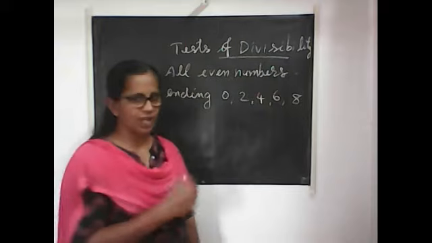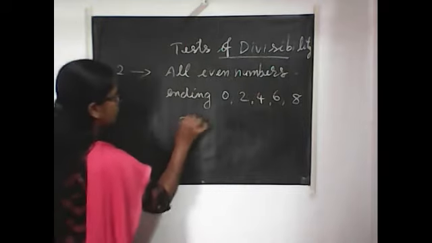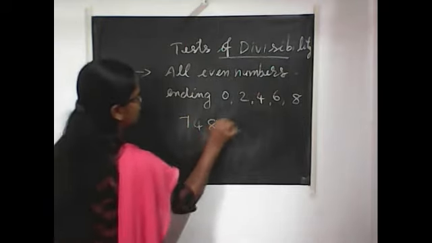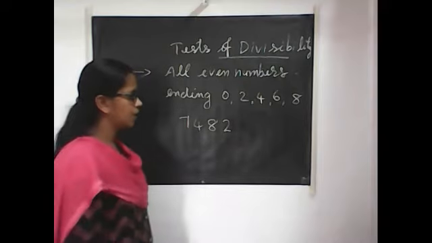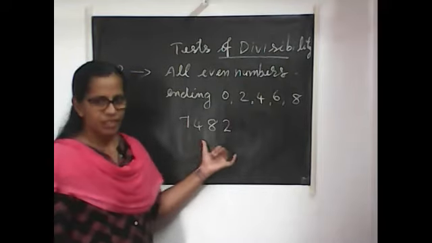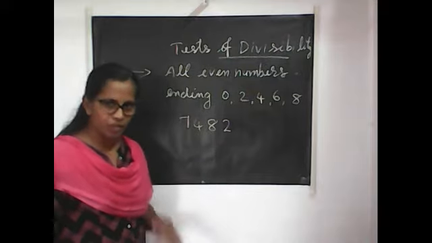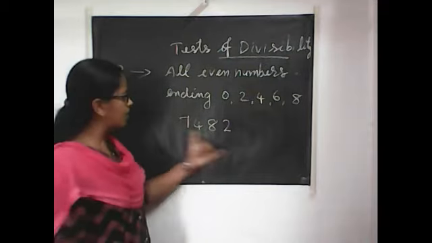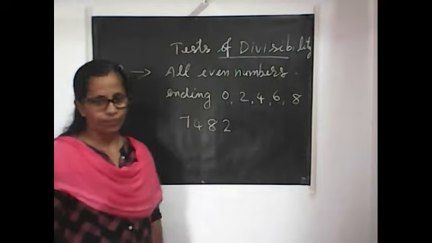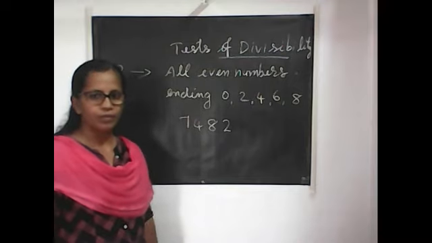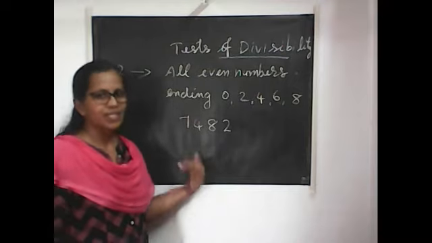Let me explain with an example. Look at this question, 7482. I am asking whether this number is divisible by 2 or not. Without doing division, you have to say whether this number is divisible by 2. What you have to do is prove that it is an even number.